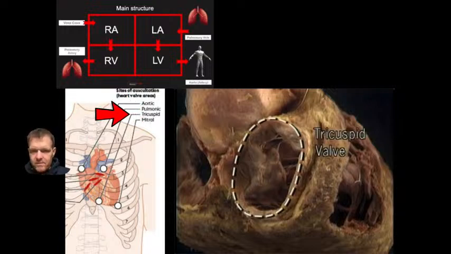For the tricuspid valve, you're looking at around the 5th rib, next to the sternum. So you place a stethoscope just there, and that's your best bet to hear the tricuspid valve and see whether there are any problems with it.